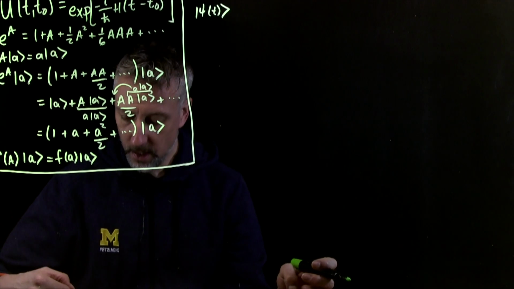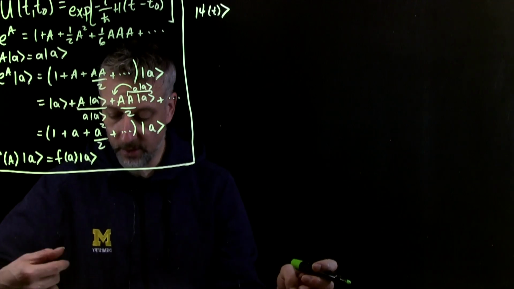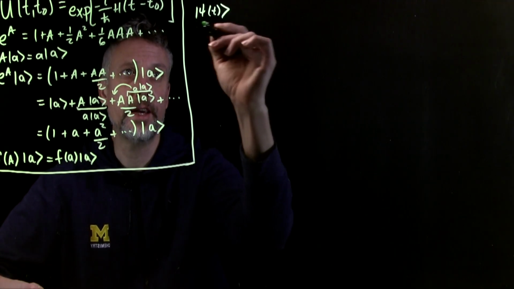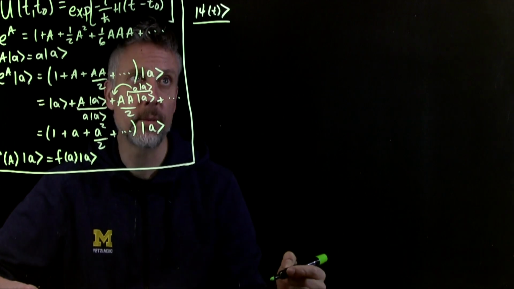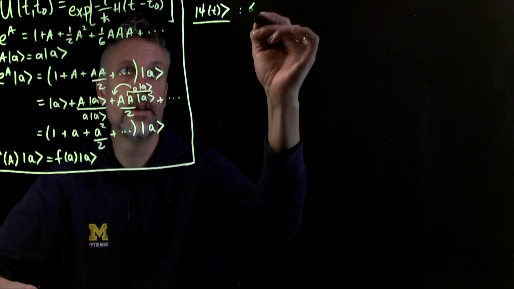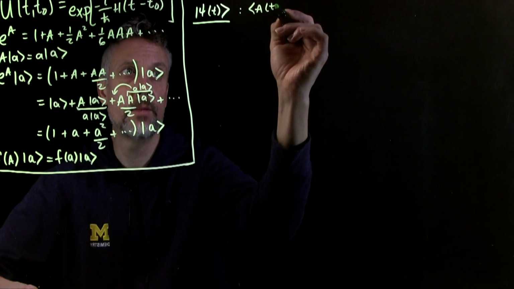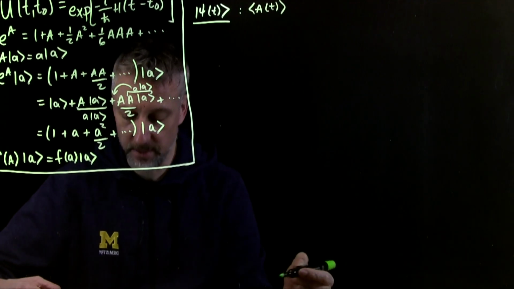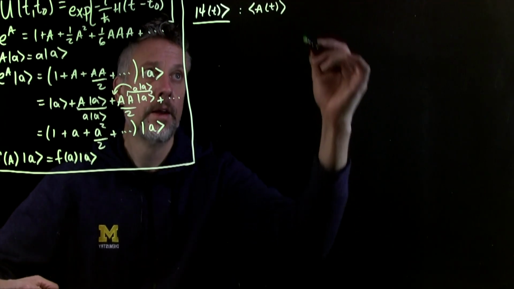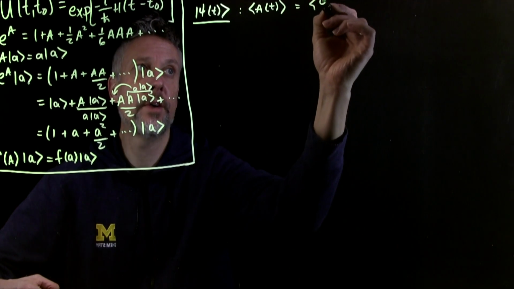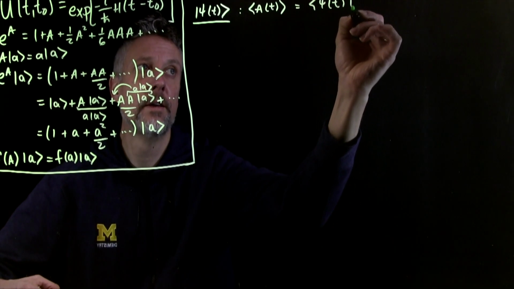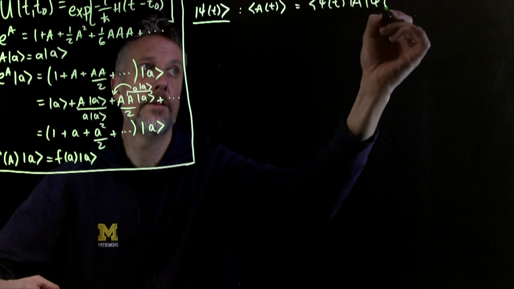I would. And a lot of times this is going to correspond to things that are important for spectroscopy. So here's our state. We'll worry about how we get there in just a minute. We're interested in the expectation value of A, and it's going to be presumably some function of time. Maybe, we'll see. So this is equal to <psi(t)|A|psi(t)>.